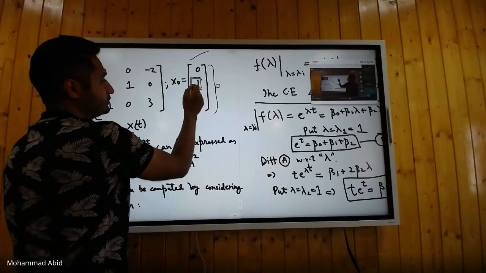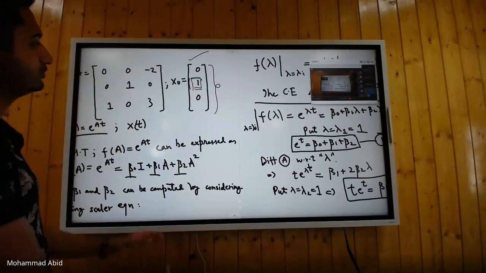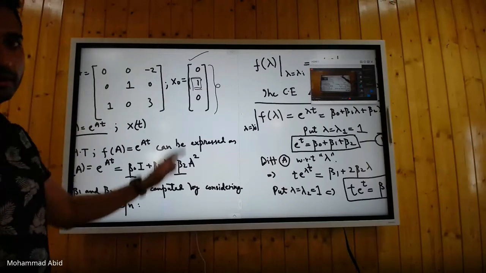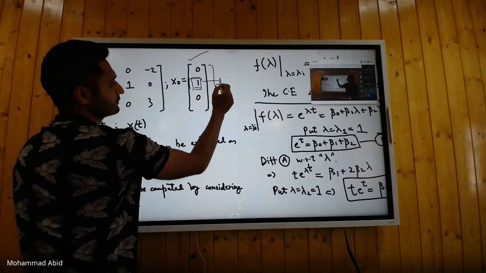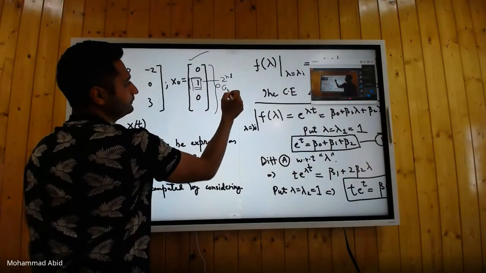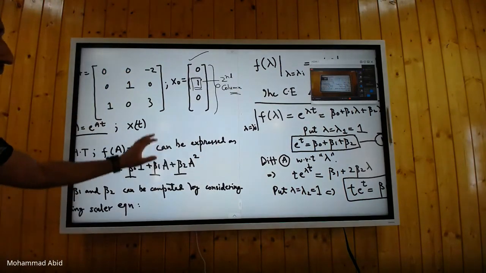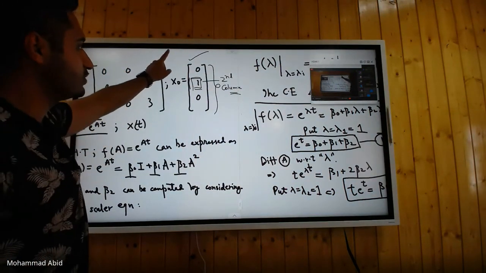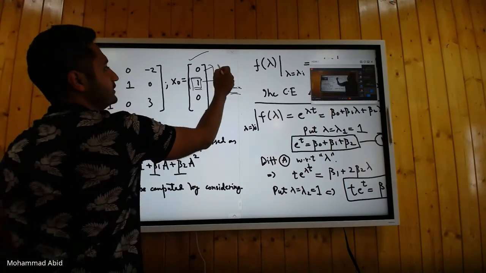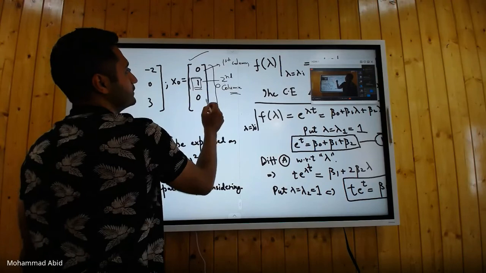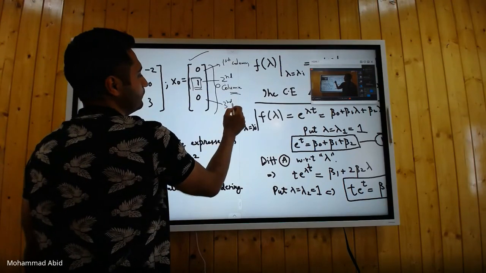Only one entry is non-zero. तो जो भी आप e to the power At इवैल्यूएट करने वाले हो, this x0 मल्टीप्लाई होने वाला है, and this corresponds to second column only. तो फर्स्ट कॉलम के साथ 0 मल्टीप्लाई होगा. This will correspond to first column. This will multiply to the third column.